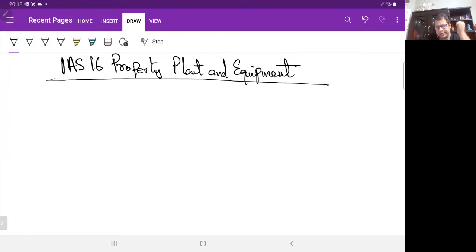Let's straight away start with the standard. Firstly, what is property, plant, and equipment?